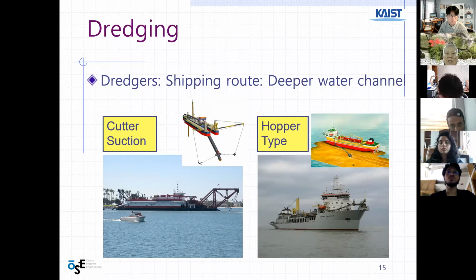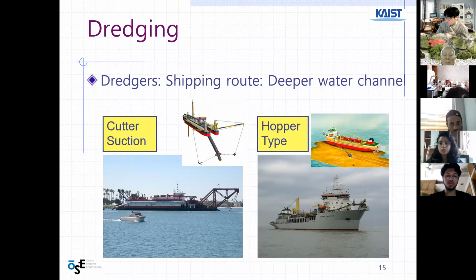Dredging is digging the sand at the bottom of the sea. And there are two types of digging. One is a cutter suction, the other one is a hopper type.